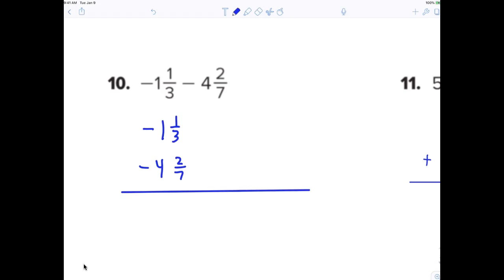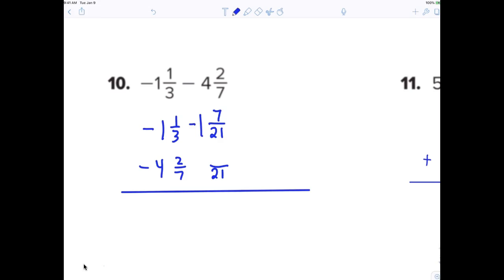All right? So the common denominator is what? 21. So here we go. We're going to put a 21, and we're going to put a 21. So, Sienna, what am I multiplying the first fraction by? Good. So I have to multiply. Very good. So it's negative 1 and 7 over 21.